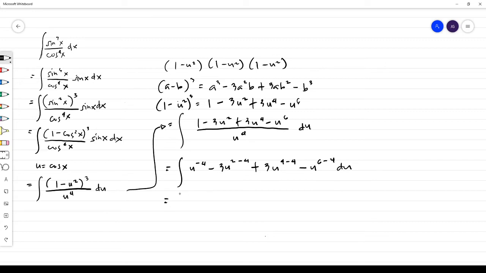For the final term, we have u raised to negative 4. For this one, you have negative 3 u raised to negative 2, then plus 3 u raised to 0, that is equivalent to 1, then u raised to 2. And don't forget our du.